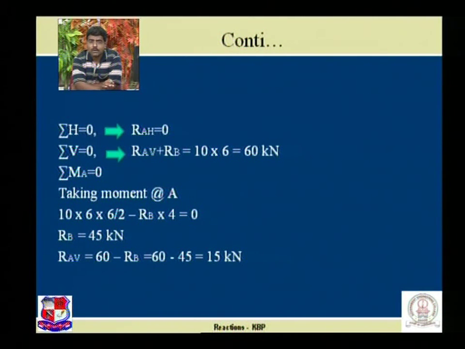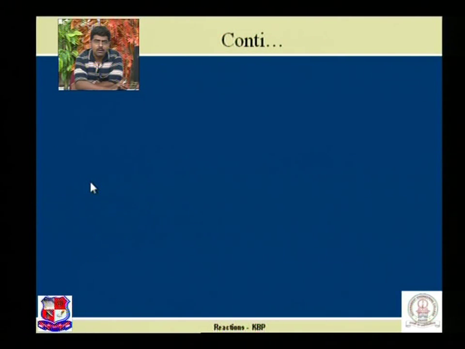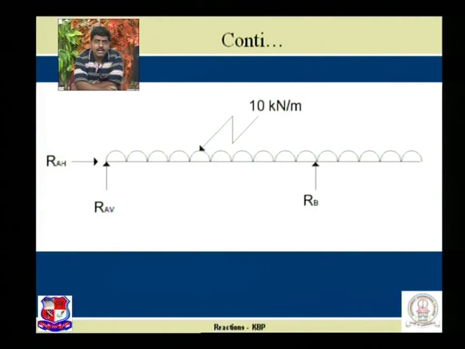So right now from the simplifying point of view, let us take point A for our reference. Sigma MA is equal to 0. If we see the previous figure, we are taking the moment of all the forces acting at this point, which is treated as 0. We are taking the moment of all the forces at this point.